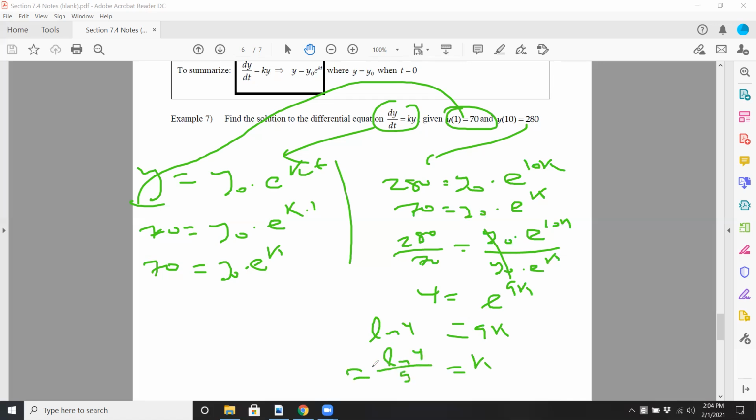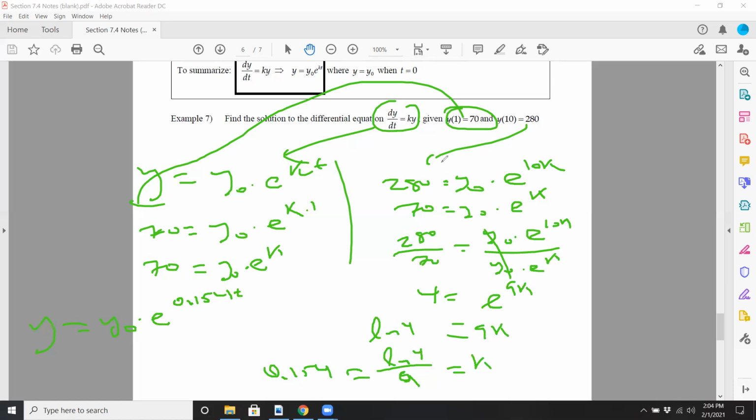So your constant is going to be kind of a wacky decimal. If I do natural log of 4 divided by 9, I do get 0.154. So that's my constant here. And so the solution to my equation will be y equals y sub 0, which I still need to figure out, times e to the 0.154t. Now solve for y sub 0.